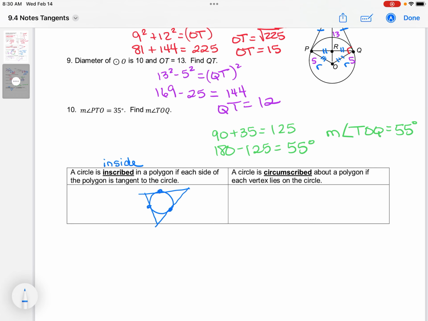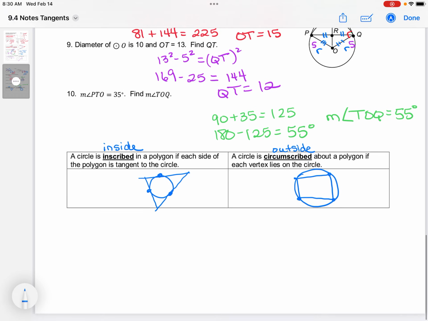Okay, and then you're going to assume that each one of those points is just one point. Circumscribed means that each one of the corners is on the circle. So circumscribed, outside; inscribed, inside.